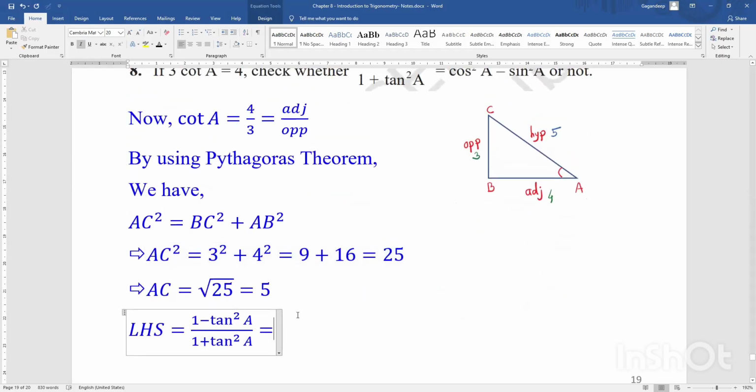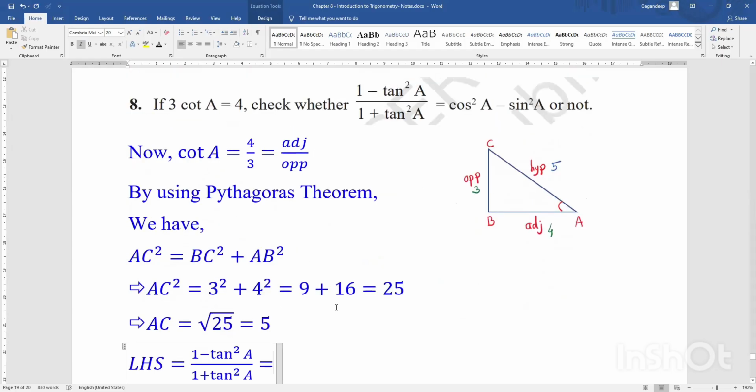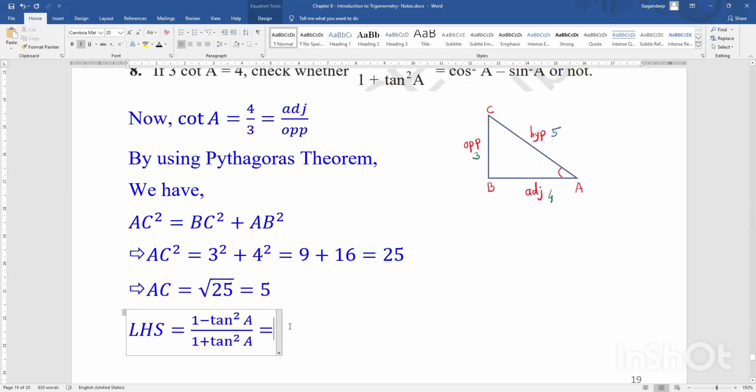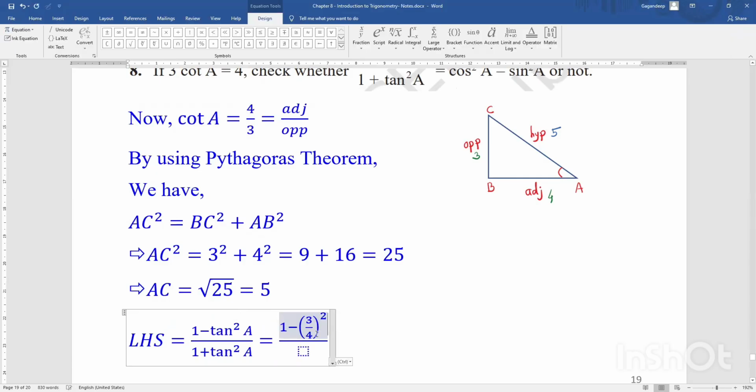So we can write a fraction here: the numerator becomes 1 minus 3 by 4 whole square, and the denominator becomes 1 plus 3 by 4 the whole square.